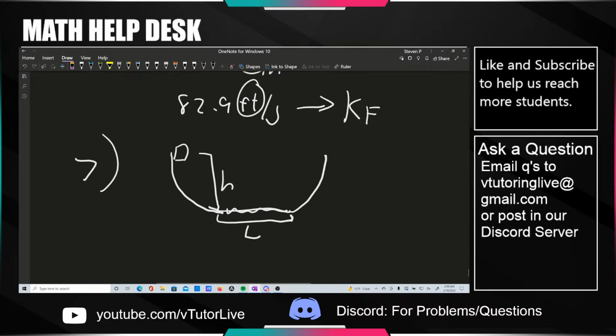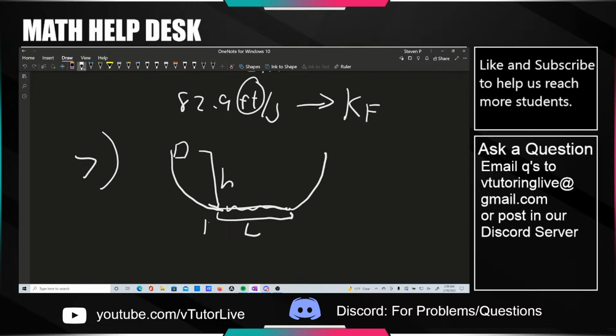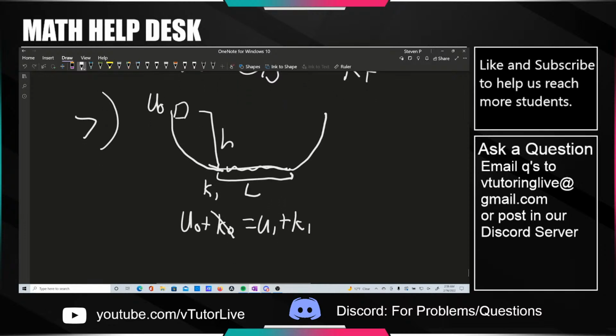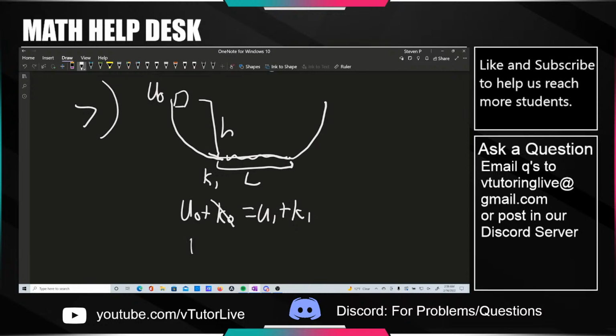So you can basically say that the kinetic energy at point 1 is equal to all the initial potential energy. I get so tired of writing it out every time, but I think it's a good thing to do for consistency: U naught plus K naught equals U1 plus K1. So K naught is 0, and U naught minus U1 is just mgh, and that's equal to K1.